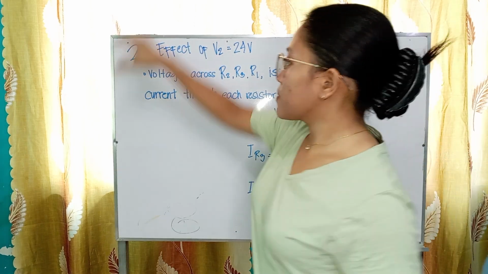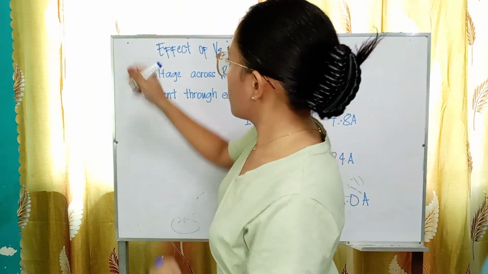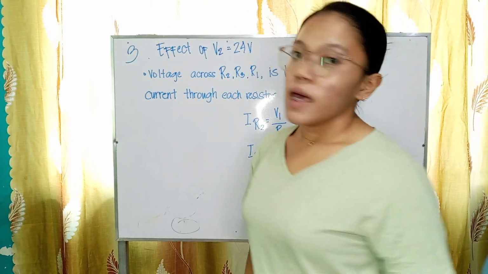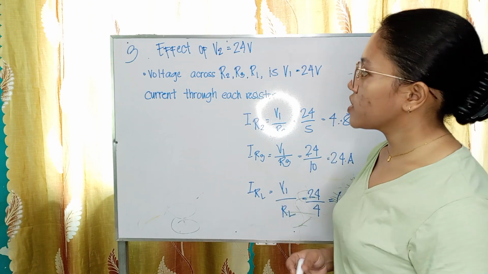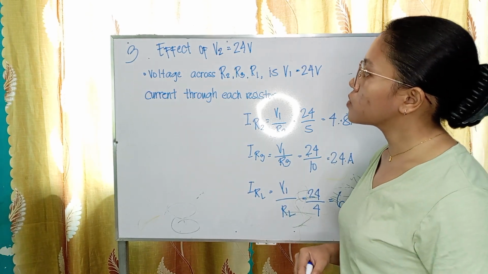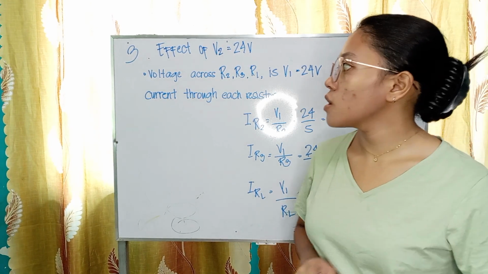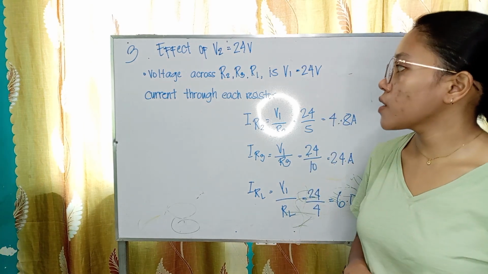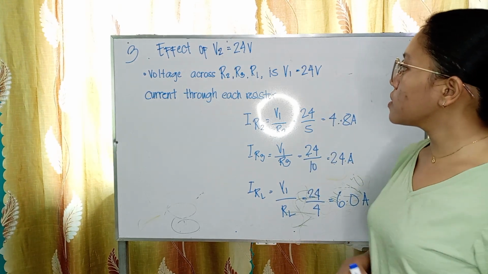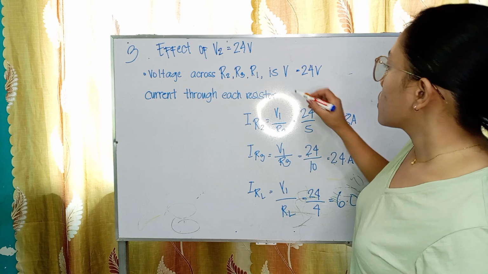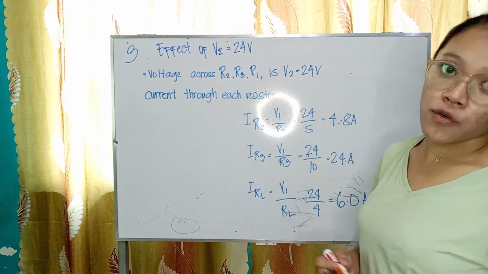And now let us proceed to part 3, which is the effect of V sub 2 equal to 24 volts. The voltage across R sub 2, R sub 3, and R sub L is V sub 2, equal to 24 volts.